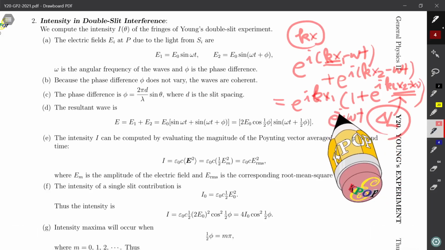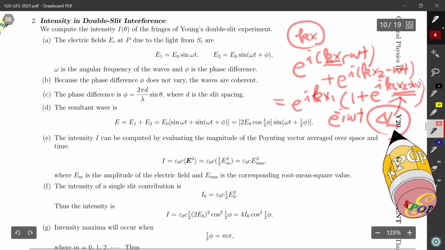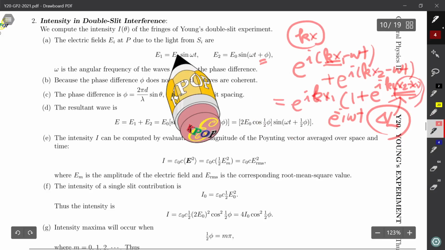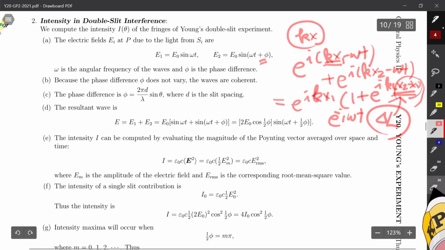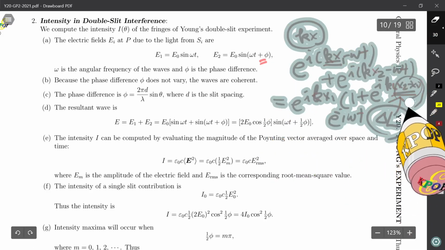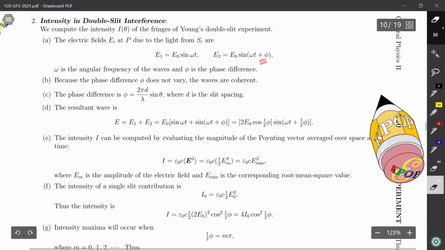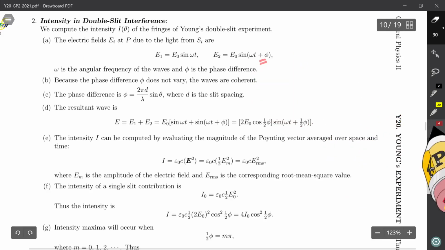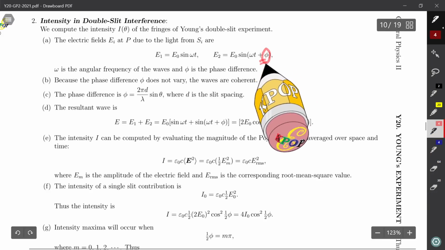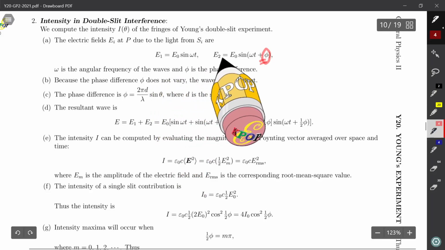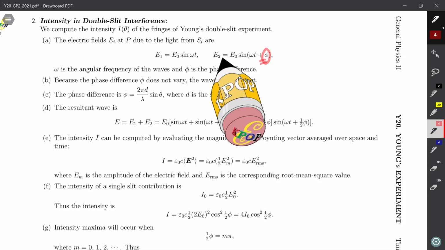And this part is considered as a phase difference in the time-dependent way. So the computation can be done within the time space, where the phase difference is inserted for the phase difference between the E1 from S1 and E2 from S2.